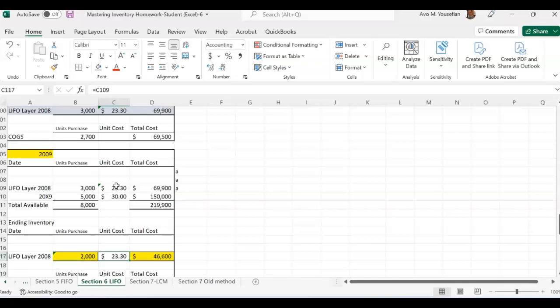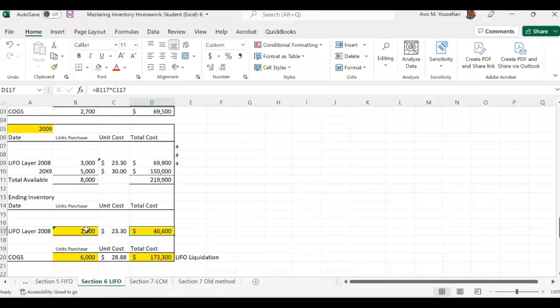That was the average cost of the LIFO layer of 2018. So 2,000 after LIFO liquidation times $23.30 gives me $46,600. So that's what happens in 2019. We did LIFO liquidation.